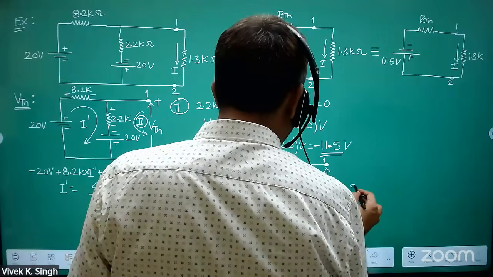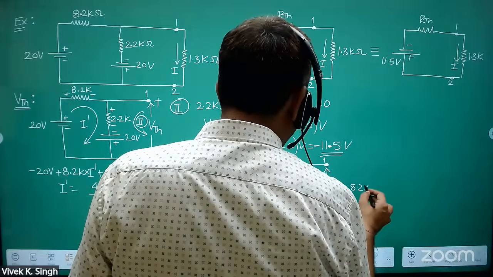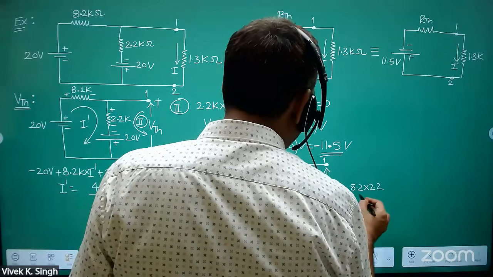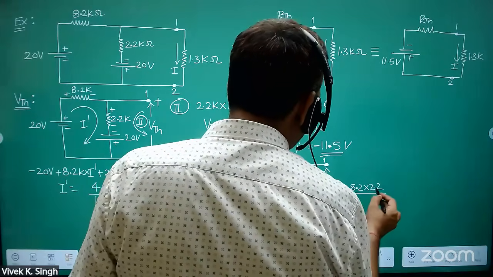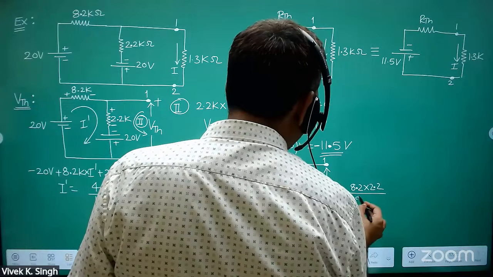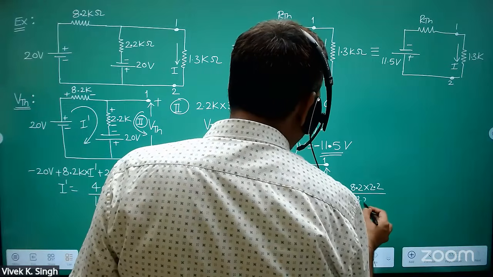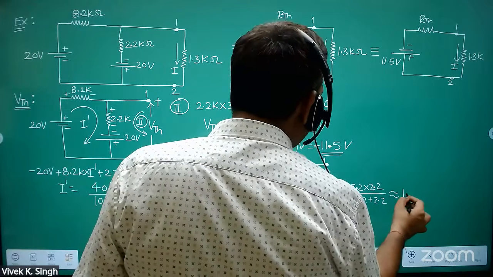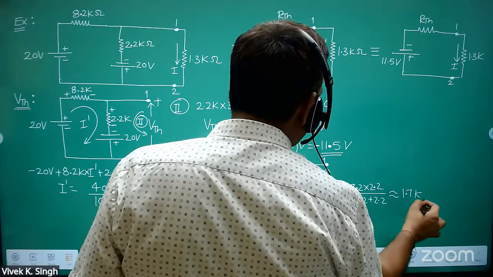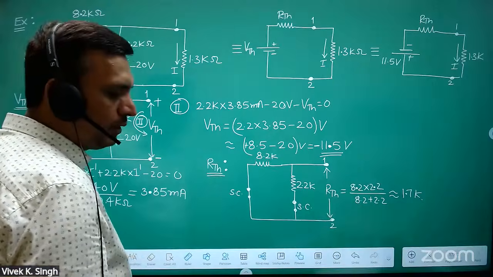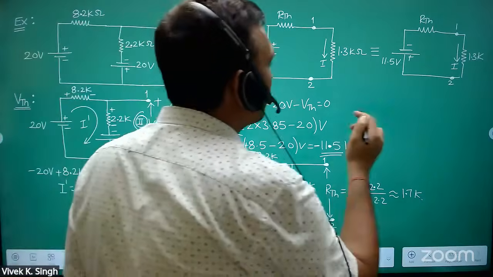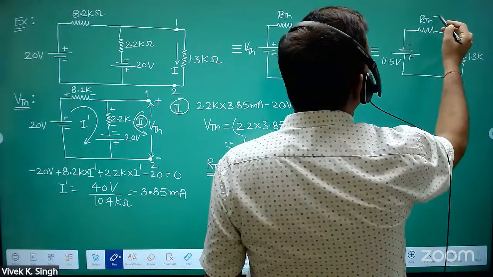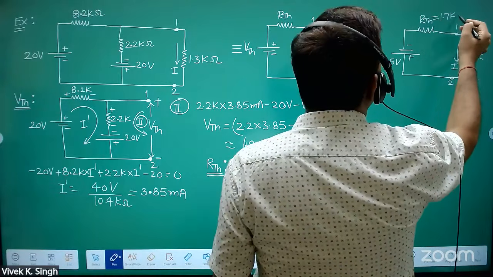RTH will be the parallel combination: 8.2 into 2.2 by 8.2 plus 2.2. So I am taking approximately 1.7 K. Approximate value I am taking 1.7 K. So this is 1.7 K.